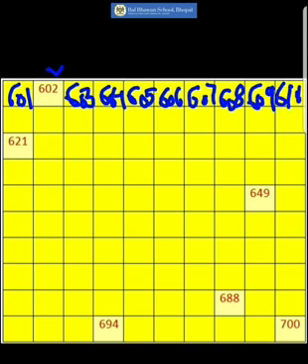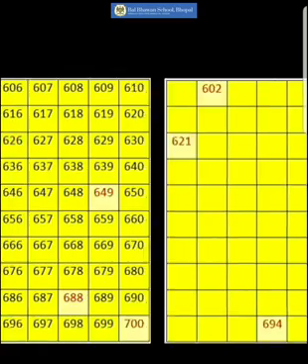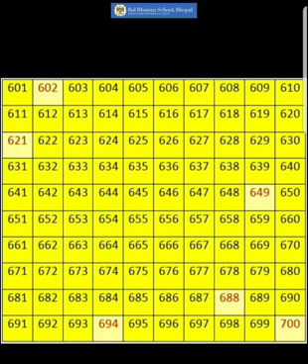Okay, so this way you have to count and write numbers from after 600, and again you can see only the digit at ones and tens place are changing. The digit at hundreds place, here it is 6, is not changing. So this way you have to fill the grid. So this is your filled grid.